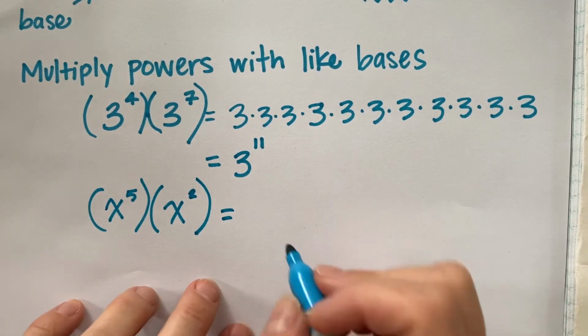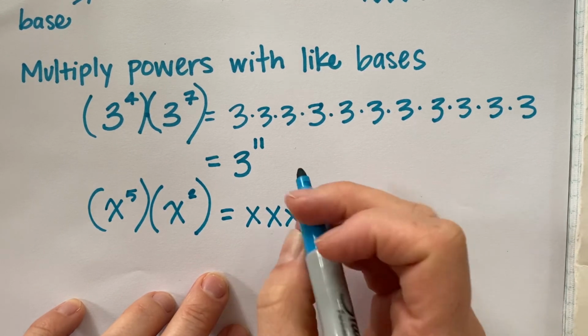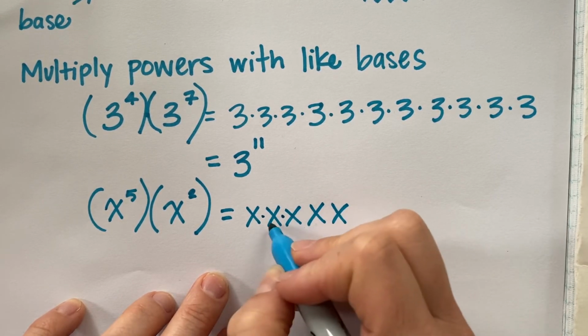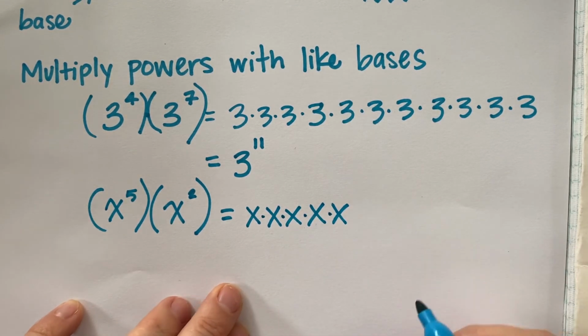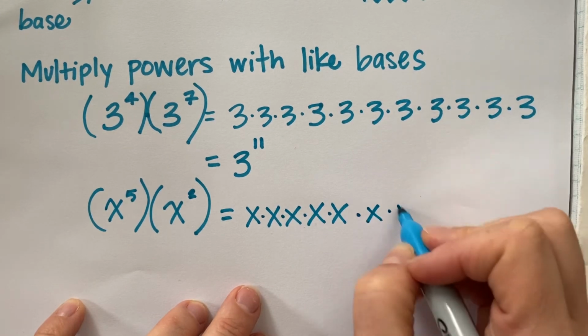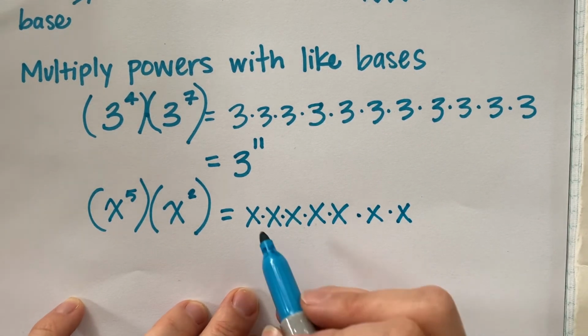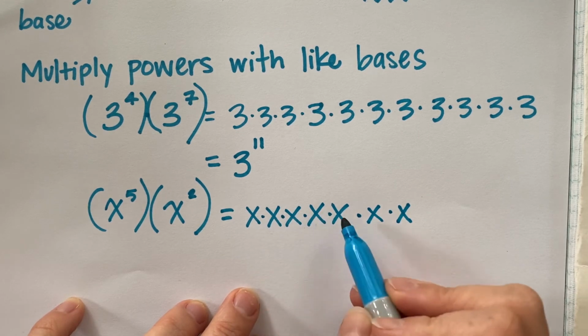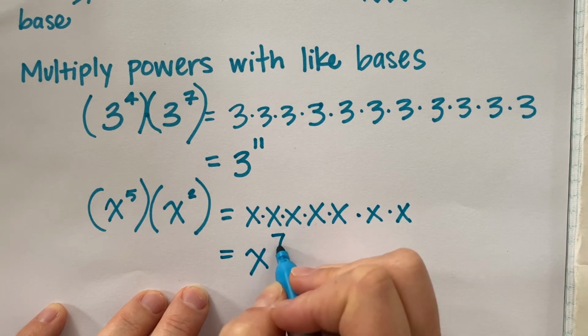Well, that's going to be x times x times x times x times x, 5 x's, 1, 2, 3, 4, 5. And we're going to multiply that by 2 x's, 1, 2. How many x's do I have? 1, 2, 3, 4, 5, 6, 7. So that is x to the 7th power.